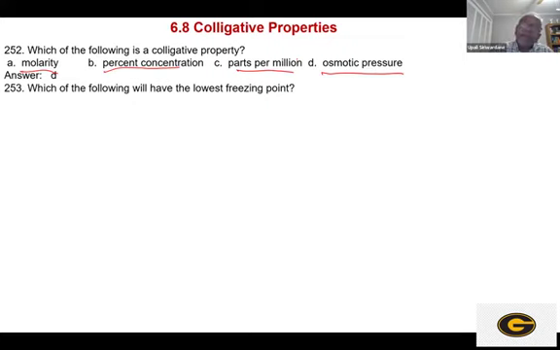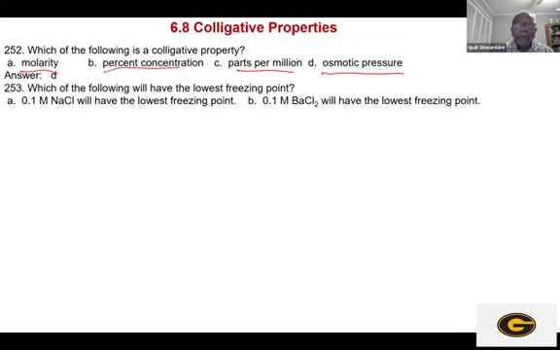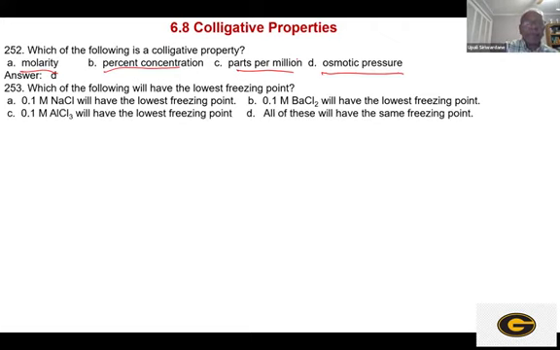Which of the following will have the lowest freezing point? When you have a question like this, you have to look at the molarity and number of particles. All have same molarity. There are 2 particles here, 4 particles, 3 particles.